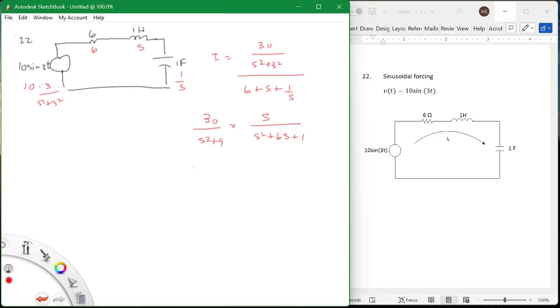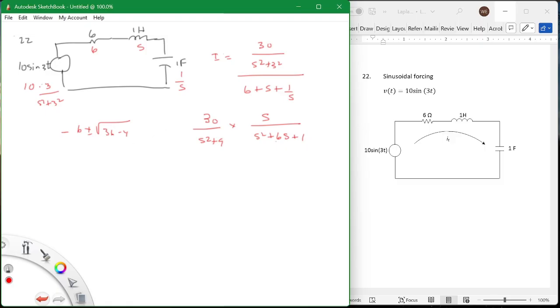Now you start. So what are you going to do over here? Yeah, use the quadratic equation. Minus 6 plus or minus square root of b squared, 36 minus 4ac.